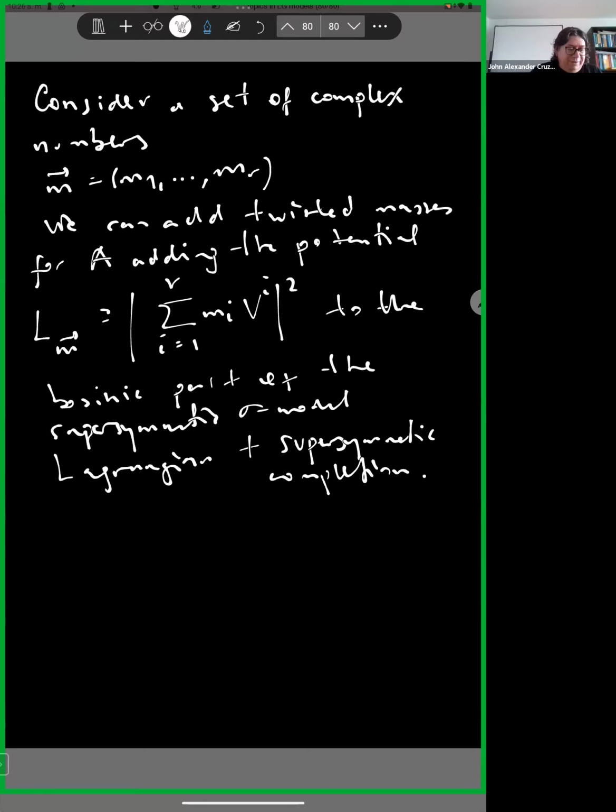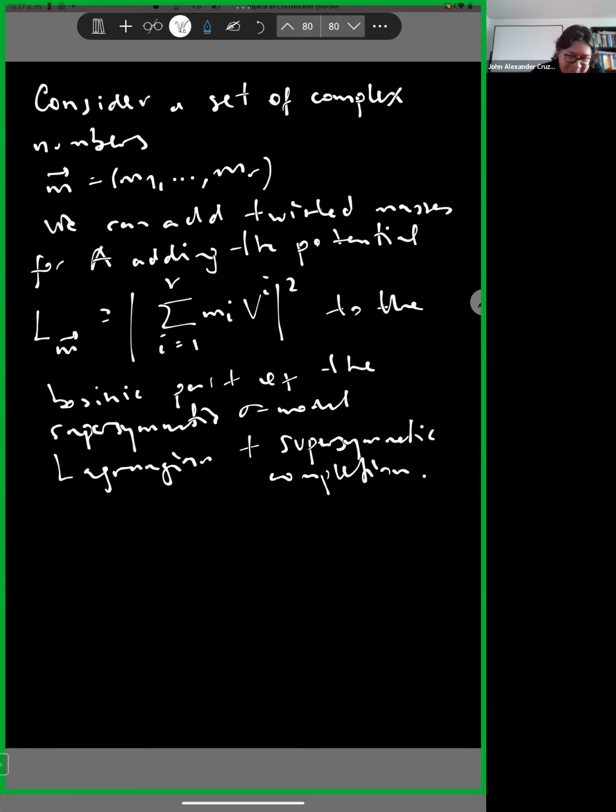So the question is, okay, can you add both kinds of potentials at the same time? That's something we can do.